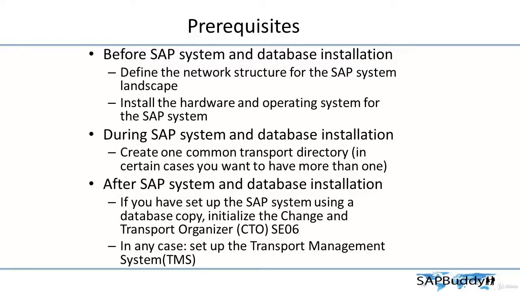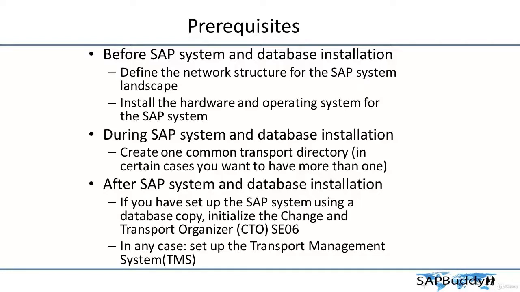So before installing your SAP system or your database, you need to define the network structure of the SAP landscape. What kind of network you are going to use. Of course, you will work along with your network team as well as the system administrators on how you are going to design the SAP system landscape network.